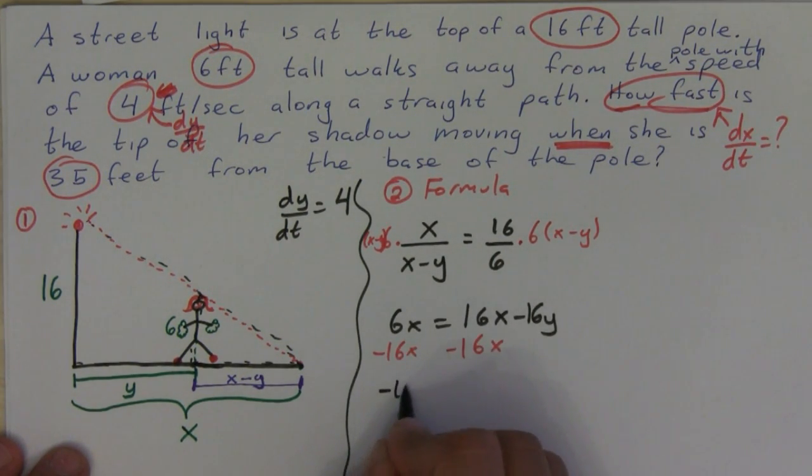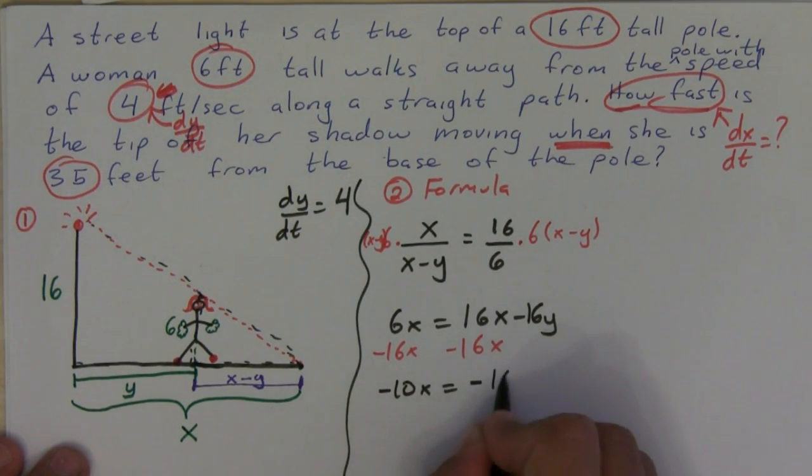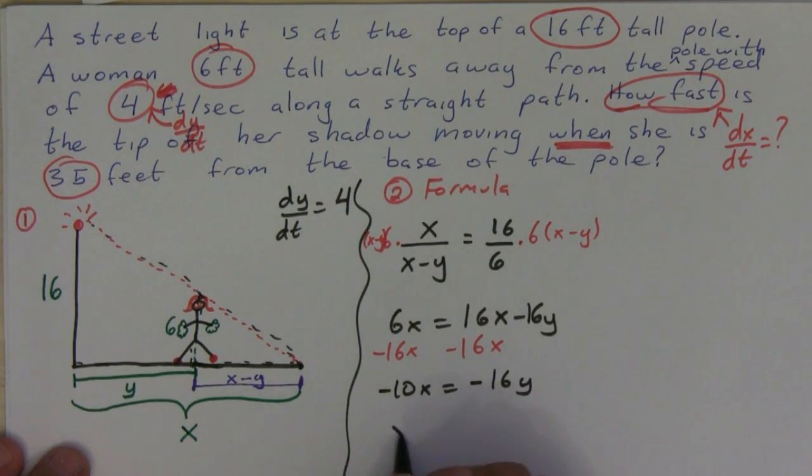We would get negative 10x equals negative 16y. And so x is equal to negative 16y over negative 10. Or in other words, x is equal to 8y over 5.